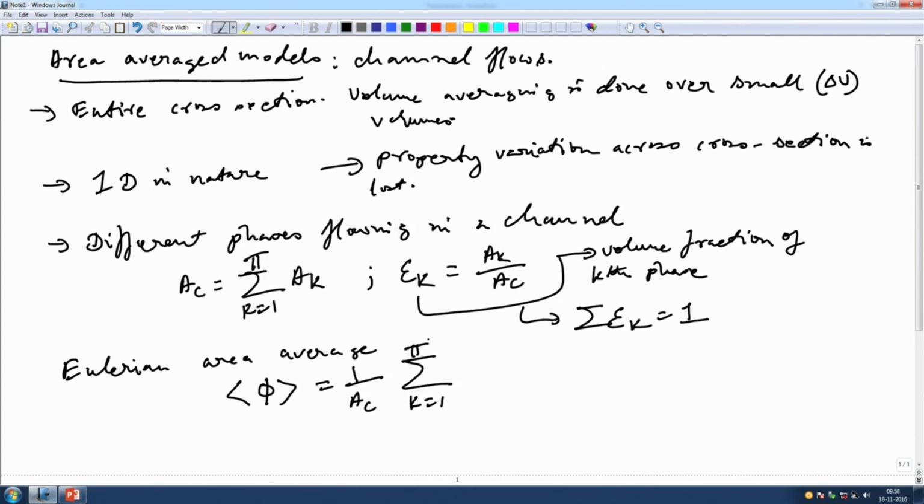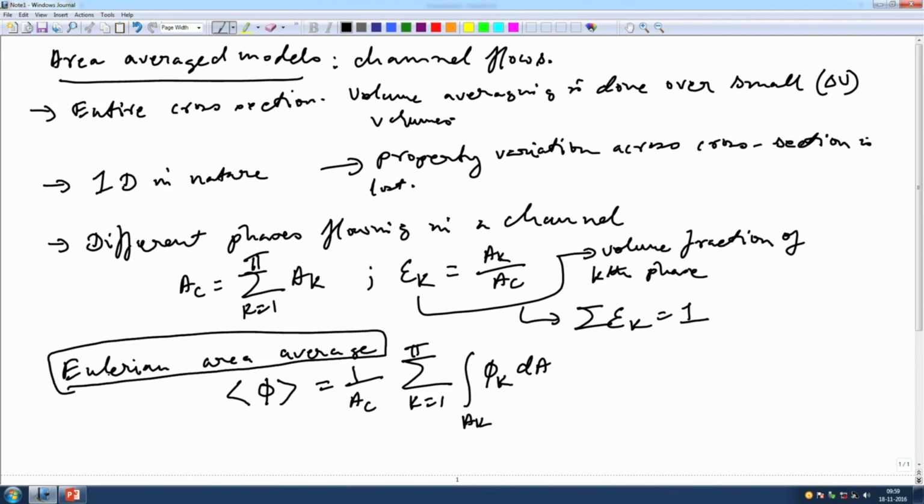and we will have a small tutorial where we will show some example problems of how this area averaging and volume averaging work, and that we will do later. So, it is basically nothing but this. This is the Eulerian area average of any particular quantity that you may be interested in.